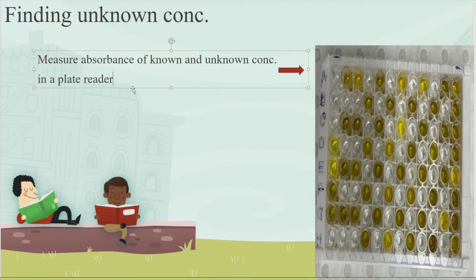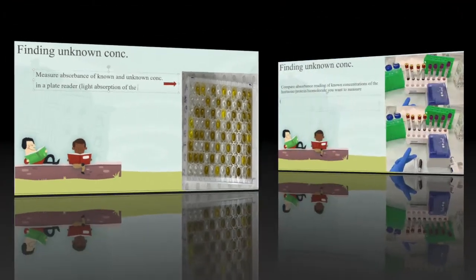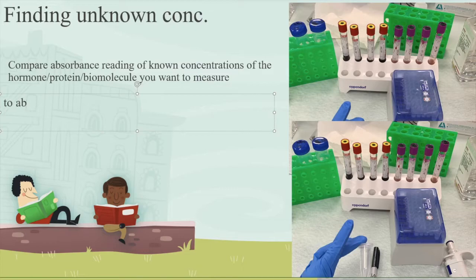And you also measure the absorbance of the unknowns, the amount in the samples that you don't know. That way you're able to work out what the concentrations were in the unknown sample by comparing it to the concentrations in the known sample.